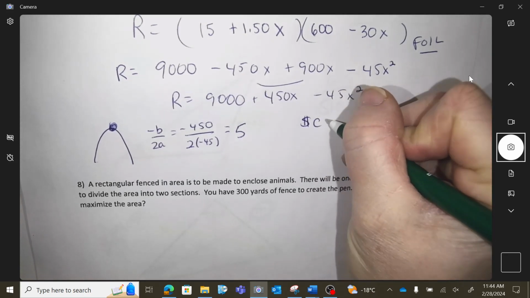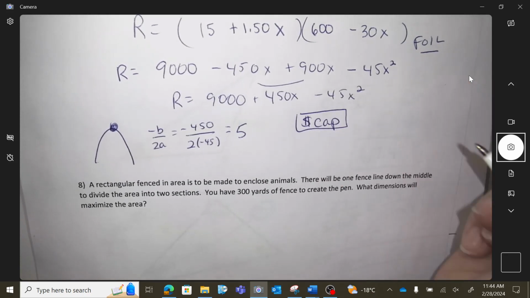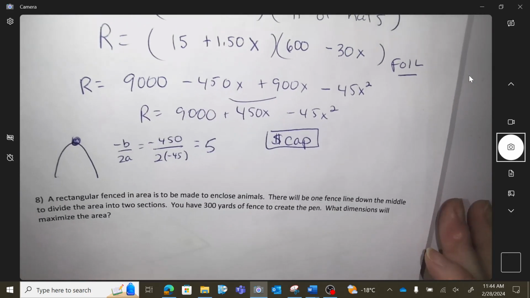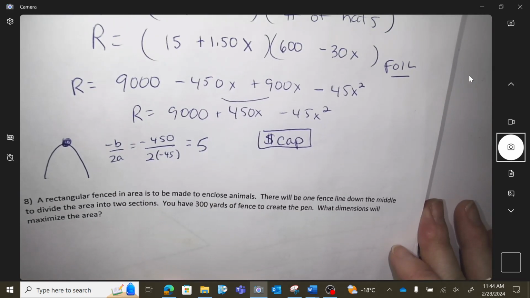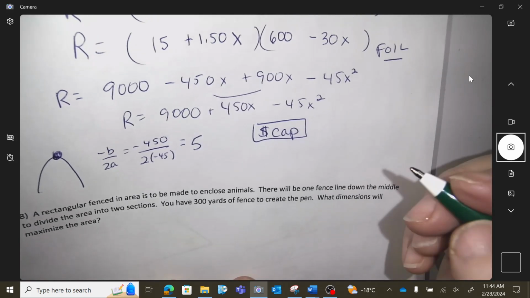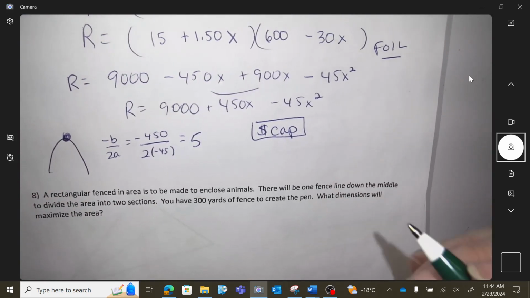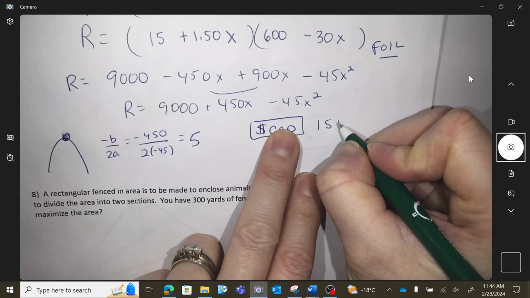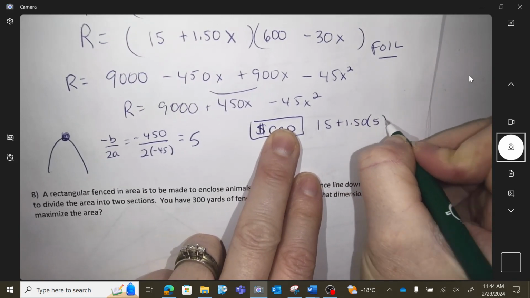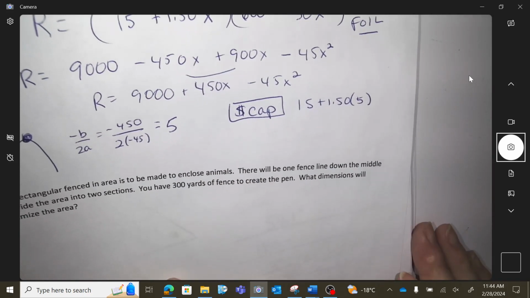So, question. What's the price of each hat? What's the price for each hat? Plug it in for just the one bracket, the hat bracket.